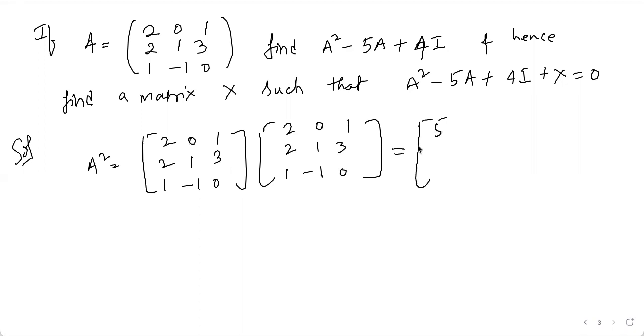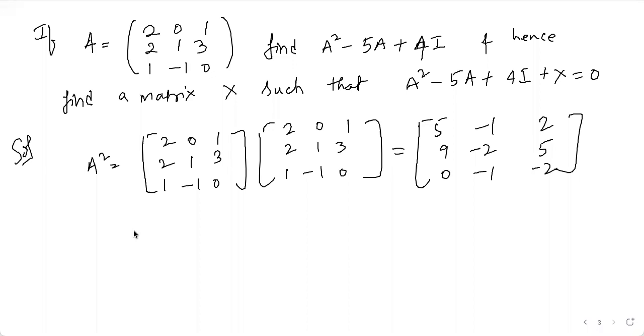Okay, 5, and then this will be minus 1 and 2, and 9 minus 2 and 5 and 0 minus 1 minus 2. Okay, so we get this.